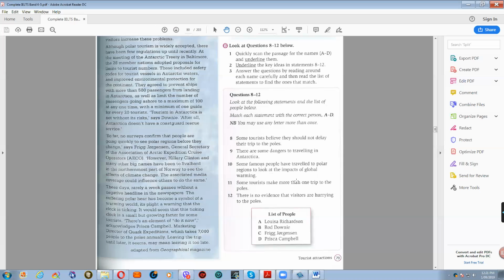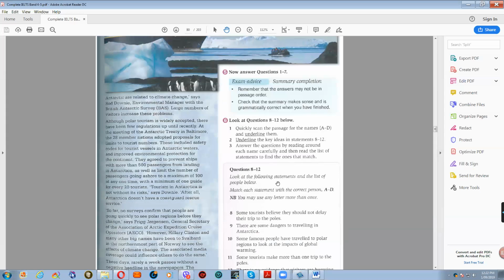Some famous people have travelled to polar regions to look at the impacts of global warming. Fred Jorgensen, because Hillary Clinton went there as well. Some tourists make more than one trip to the poles.